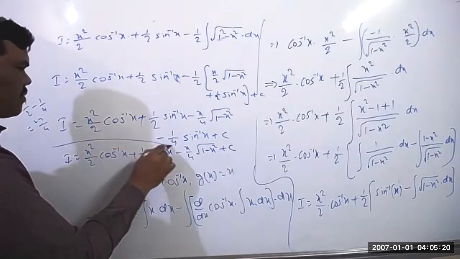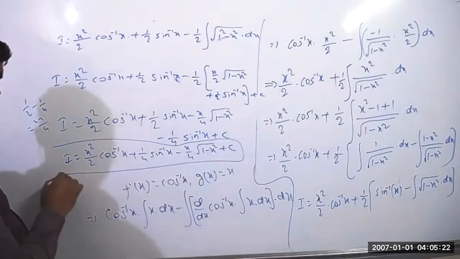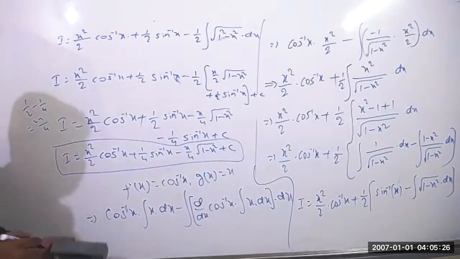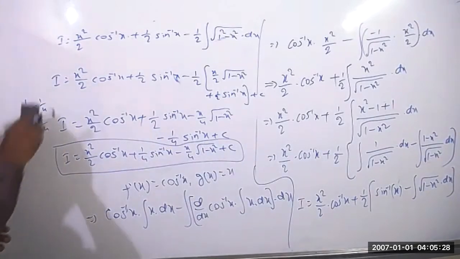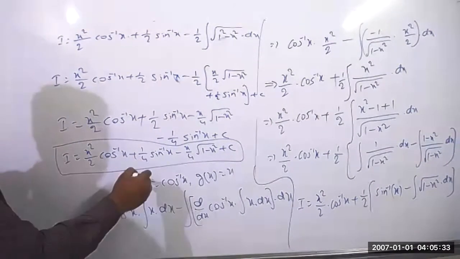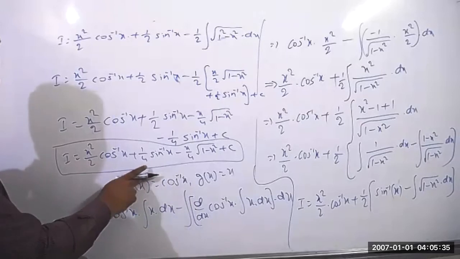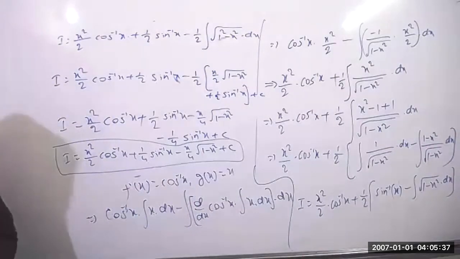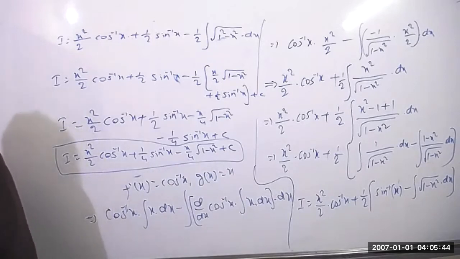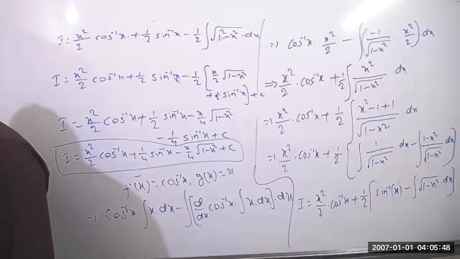This is the final answer for that. So the problem is very small, but the answer we got is a big one. This also can be done by using the same formulas, same like that.